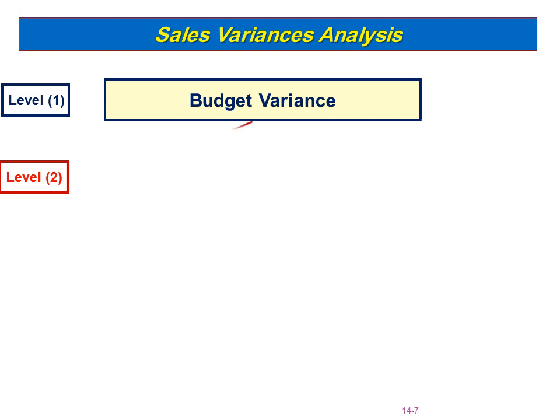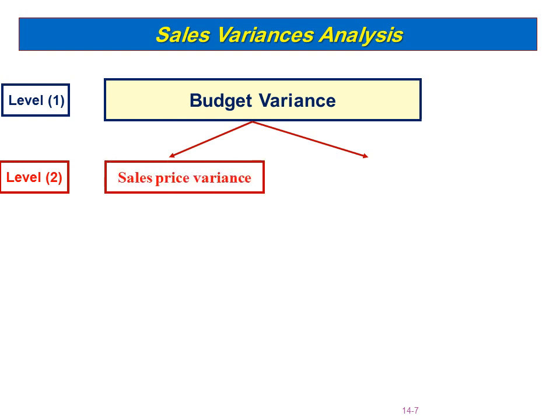In the second level, I will analyze budget variance into 2 sub-variances. The first one, sales price variance. And the second, sales volume variance. So the total of sales price and sales volume variances must equal budget variance.